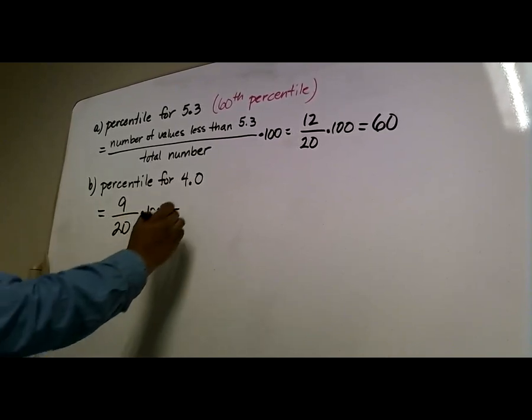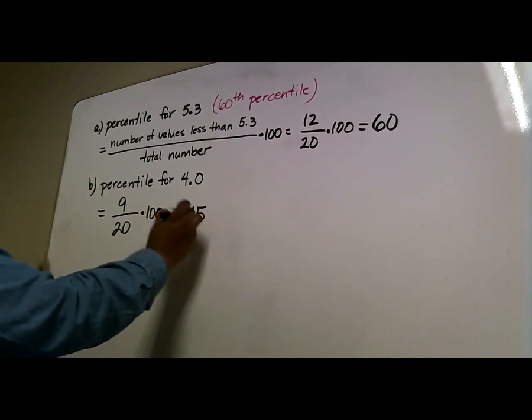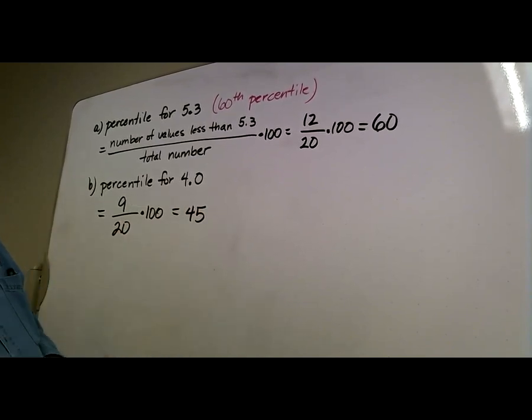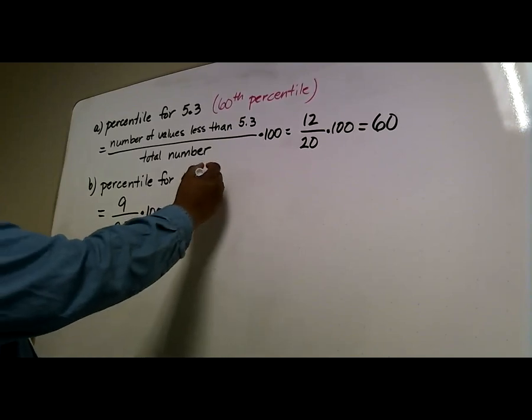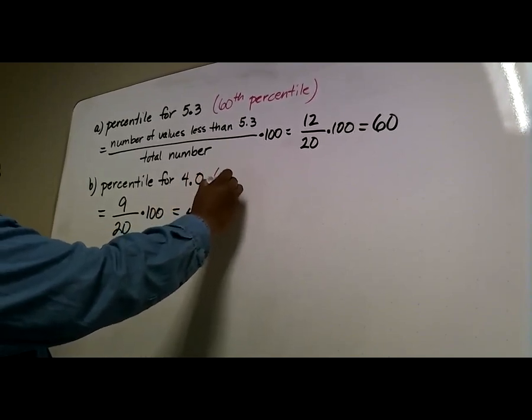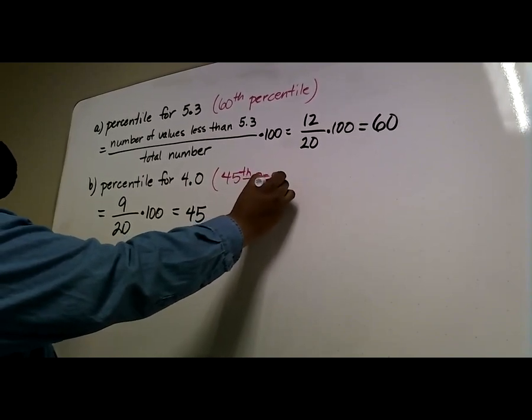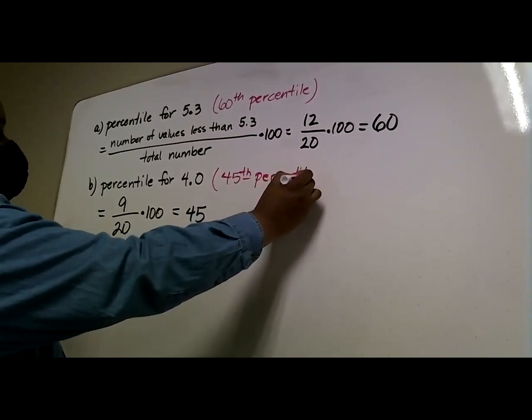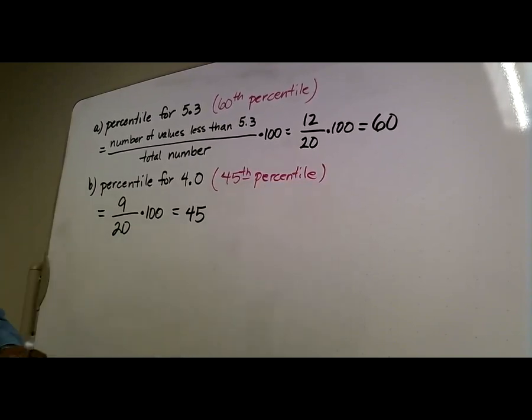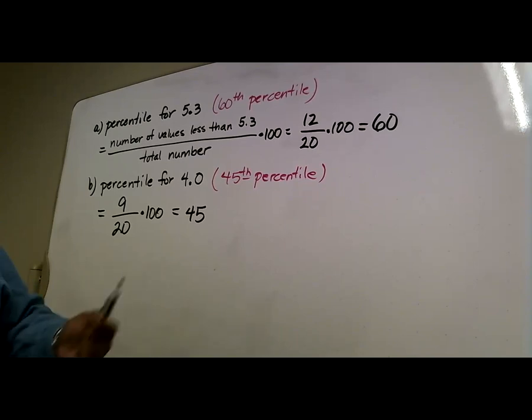Okay, so it'll be 45 here. So the percentile for 4.0 means that this is in the 45th percentile. And what that means is this: 45% of the costs for printing 1 page of text are less than 4.0.